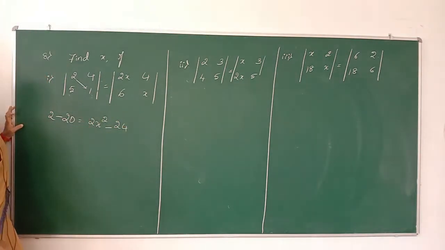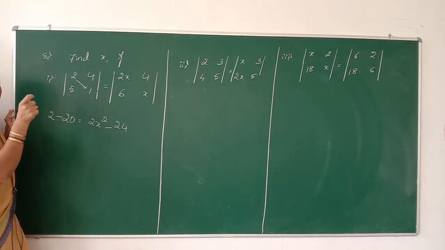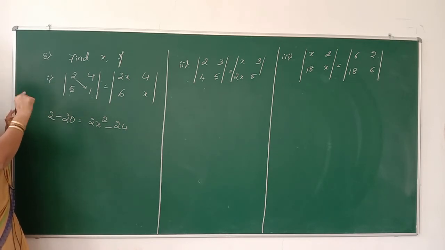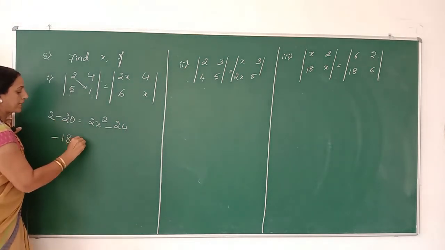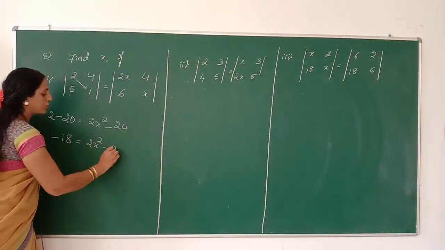But always remember that values are not correspondingly equal in the case of determinants, whereas in matrices it is possible to equate the corresponding elements. After simplifying, 2 minus 20 is minus 18, equal to 2x square minus 24.